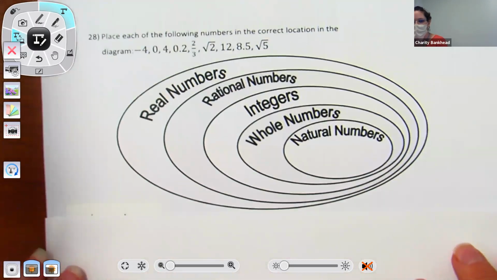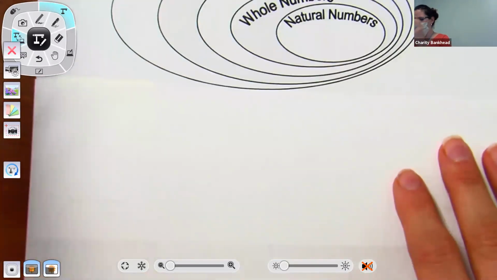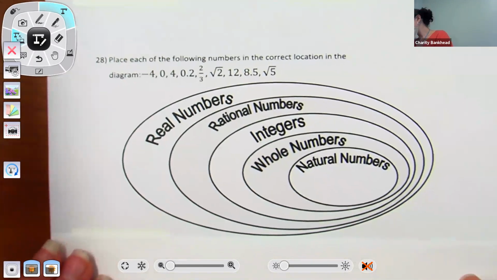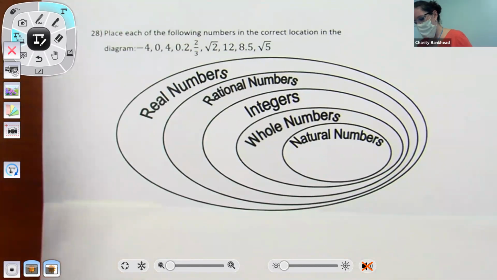Okay, so this is a diagram for the different types of numbers, but let me compare it to something that you're maybe a little bit more familiar with.